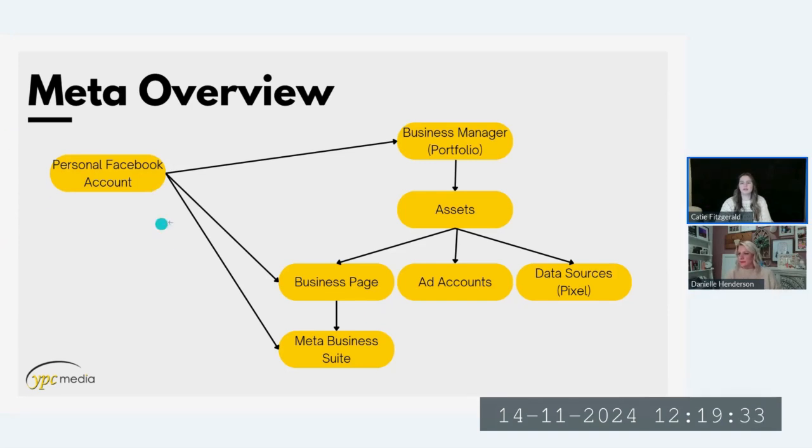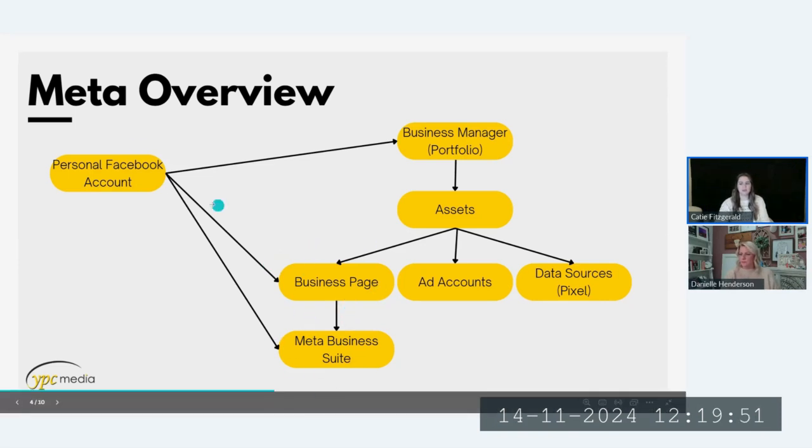Sure. So again, where I started out was on my own profile. So that's your personal Facebook account. From there, we went directly to our business page. So you can access the business page directly from your Facebook account. Then we went right into our Meta Business Suite. So we cut right from our personal page to our business page to the Meta Business Suite.